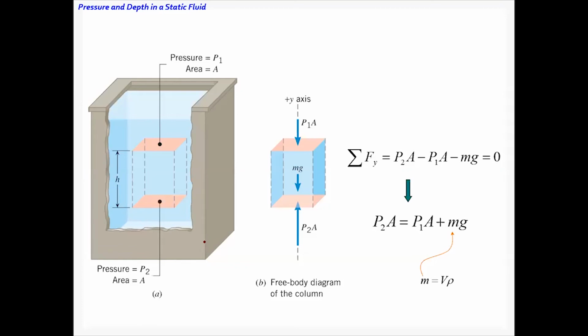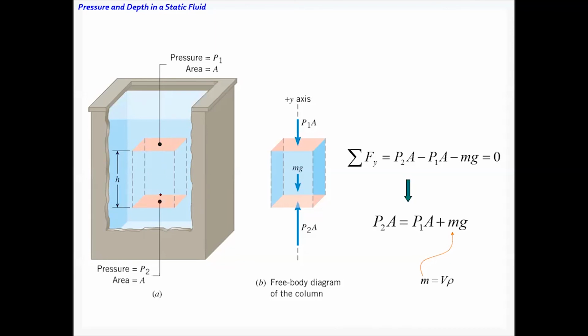Now, what do you see here? You have a container which has water filled in, right? Inside the container, I take a hypothetical chunk of water. Do you see this hypothetical chunk of water here? You see the pink on the top and pink on the bottom, the top and bottom parts of the chunk.